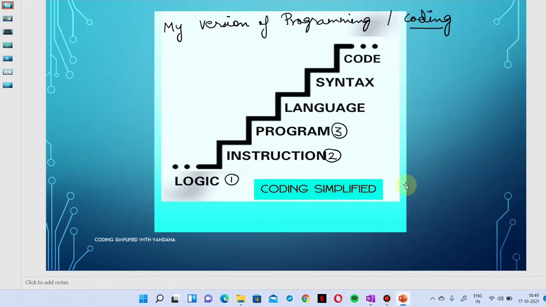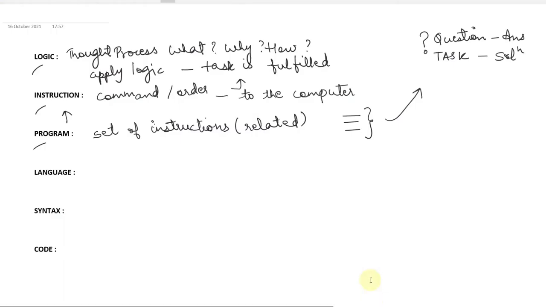Next, after the program, the next important thing is the language. Why is it so important? Let's see. Once you have the thought process in your mind, you know what has to be done. The logic is clear, the instructions are clear: what instructions you have to give to the computer, and how you're going to group them together.